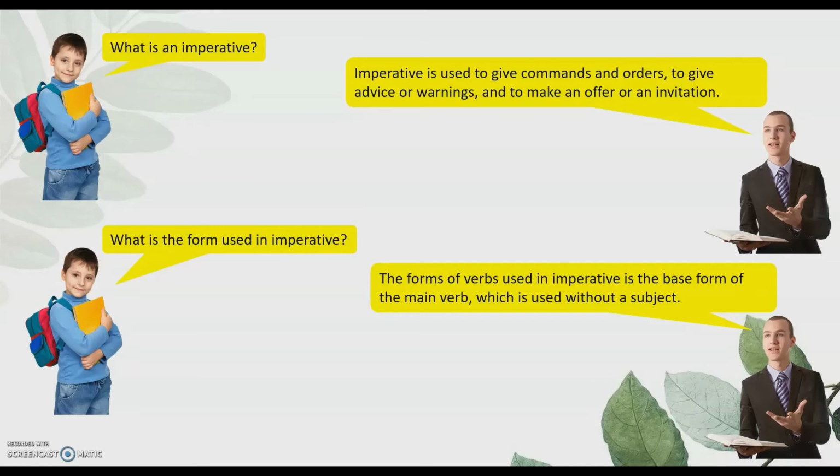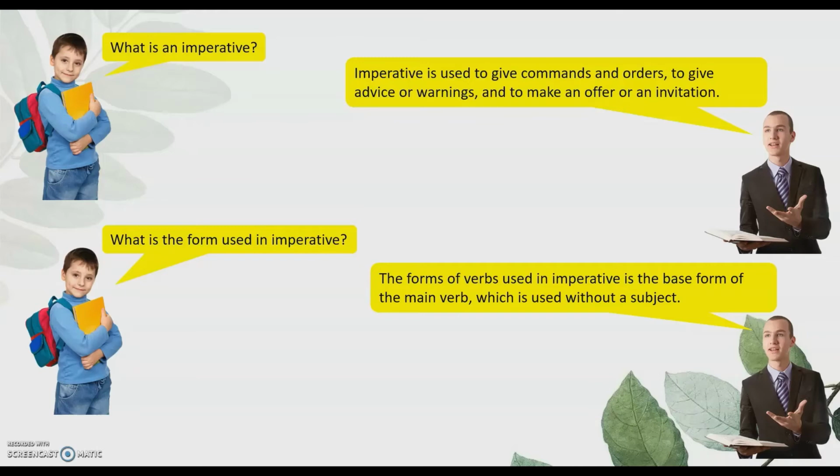We are talking to the person that we want to give the command or the order, right? We are talking to that person, so we don't need to use a subject. Just like the example I gave you, your mother is talking to you. So you know that your mother is talking to you. You are supposed to be the subject.